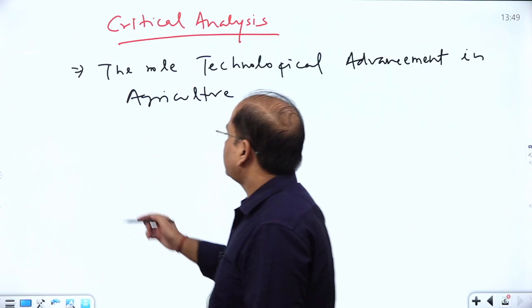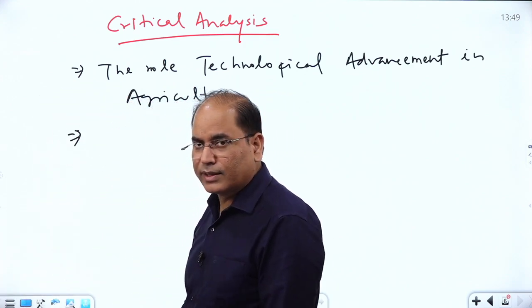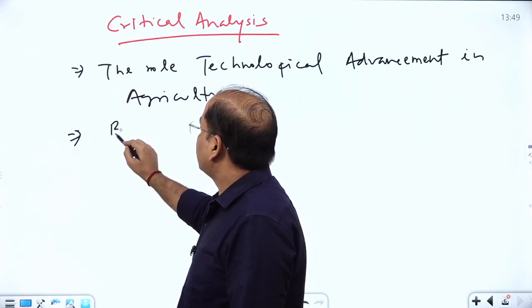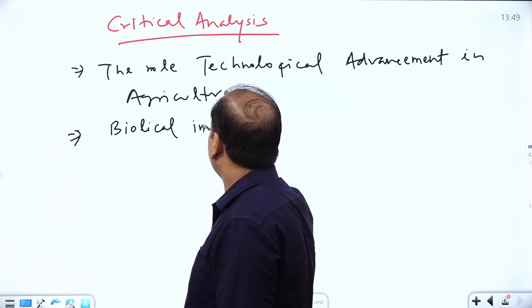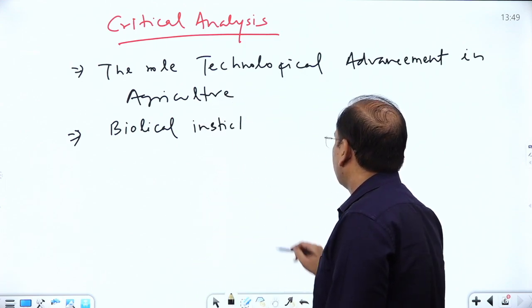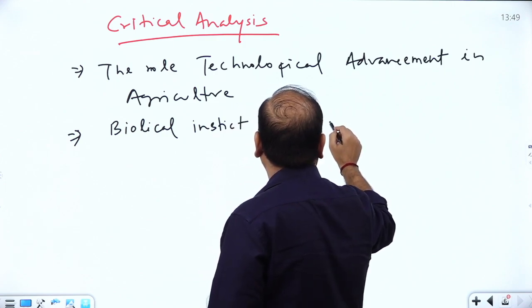Then the second criticism, which is also very important to understand: he has ignored the biological instinct of the human, or you can say biological versus social instinct.